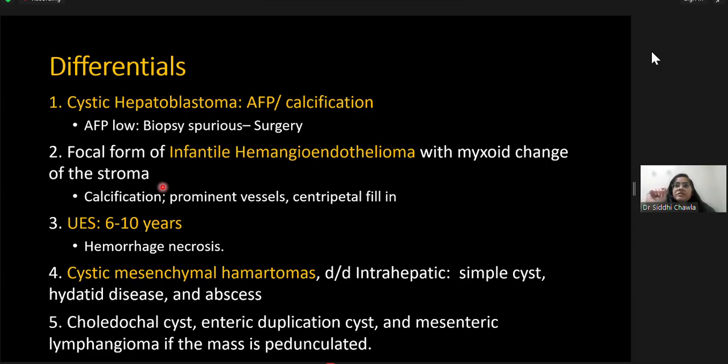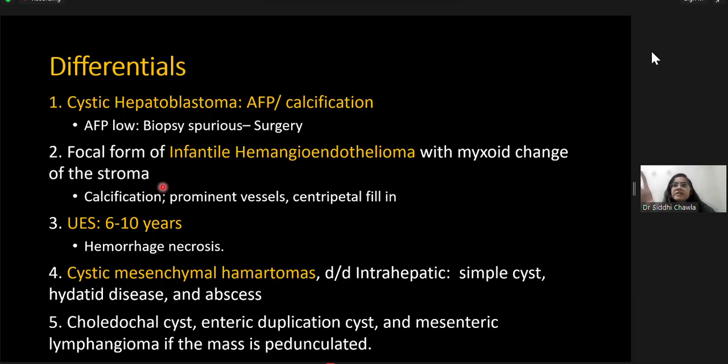Whenever you are dealing with a cystic lesion on CT, you always have to do an ultrasound for the patient. Why? Because the myxoid component appears hypodense on CT, and it gives the fluid attenuation. So when you do ultrasound for the patient, you are actually able to differentiate whether it is purely fluid or it is the myxoid content.